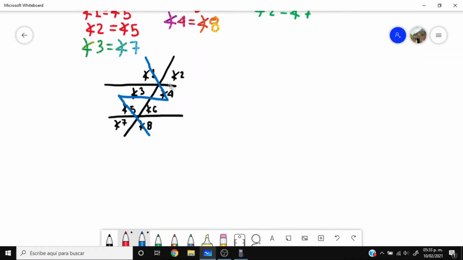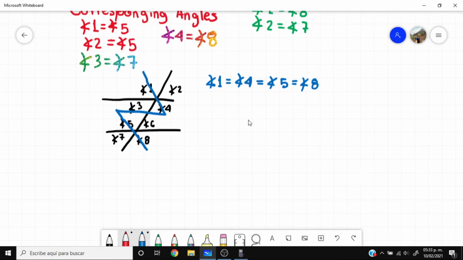So it is important to mention that all the angles that are touched by this line are going to be the same. So that means that angle 1 equals angle 4 equals angle 5 and equals angle 8. Okay, so I repeat, all the angles that are touched by this line are going to be exactly the same.